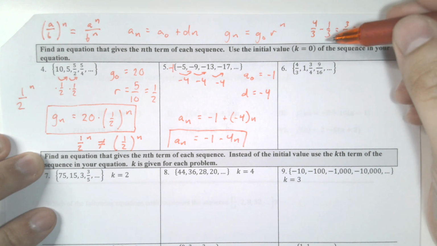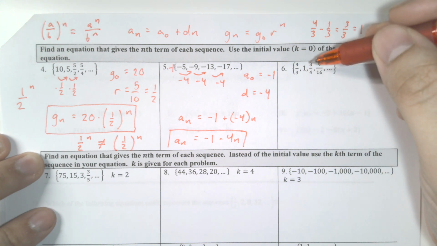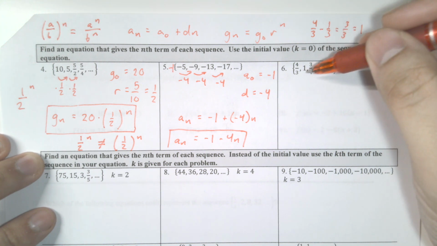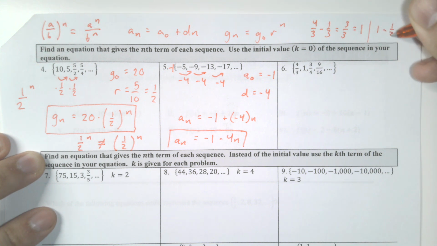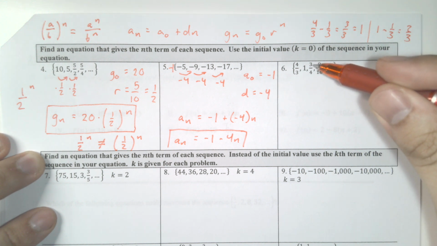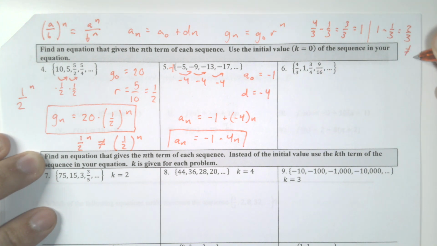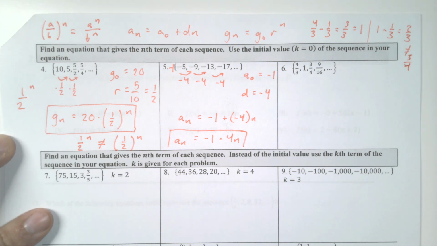Okay, and so surely, if this is arithmetic, I should be able to subtract 1/3 again from 1 to get 3/4. However, 1 minus 1/3 is equal to 2/3, which is not equal to 3/4. So this is not arithmetic. So it's geometric.